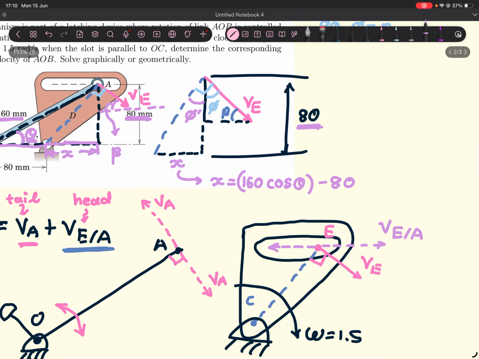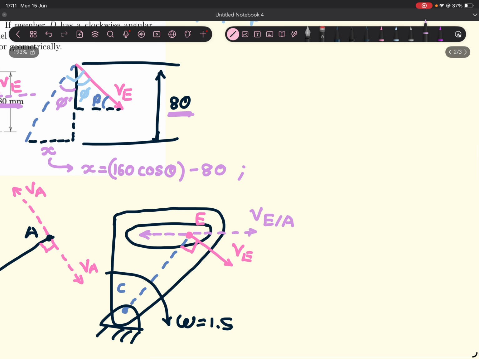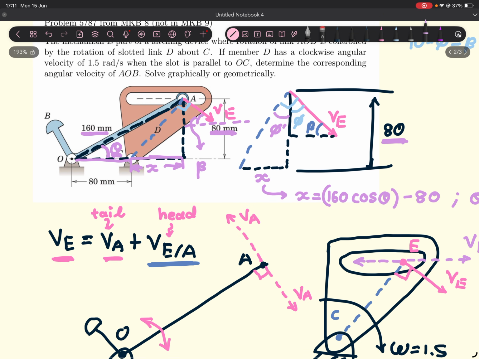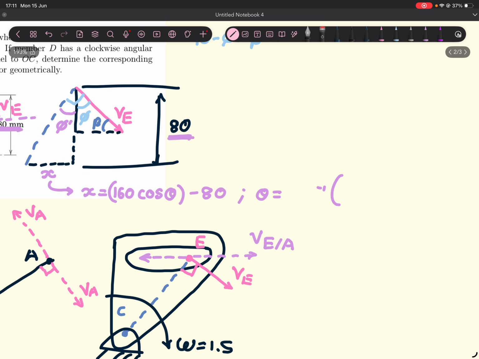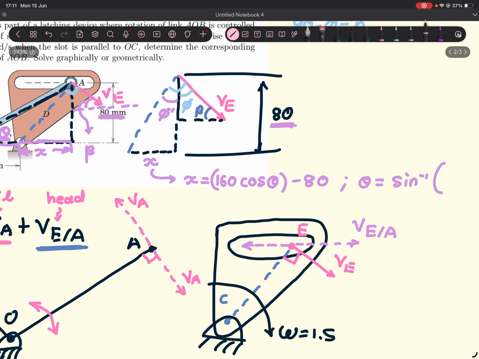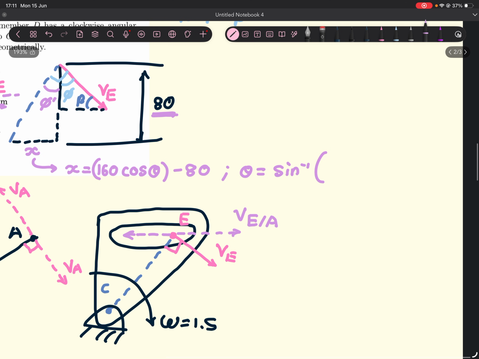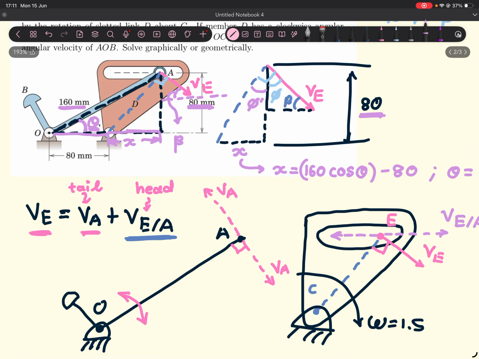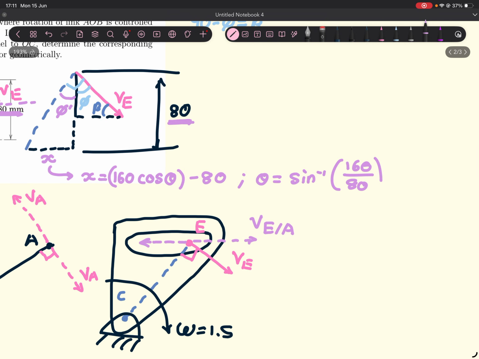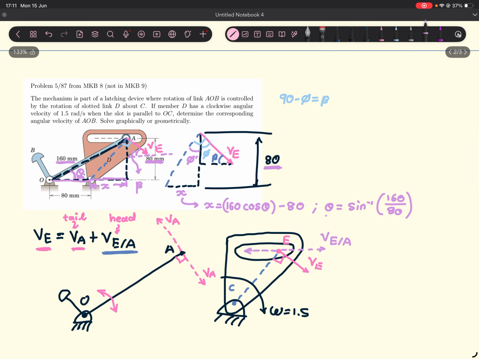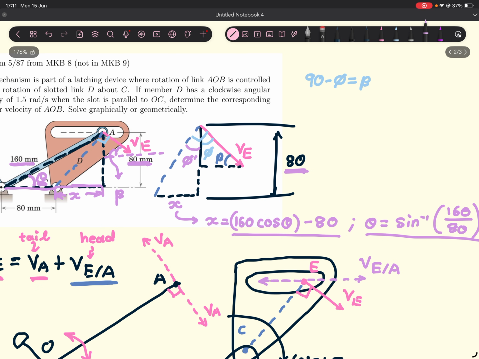That will give me x, and theta is equal to arctan of, no, not arctan, arcsine, 160 over 80, if I'm not mistaken, right? So solve for theta, then you can solve for x, and then substitute x here, and then you can use arctan to find this angle here.